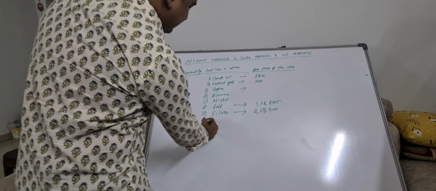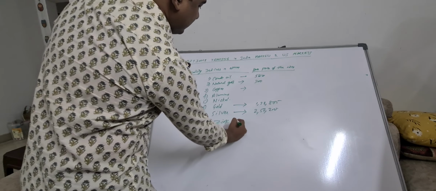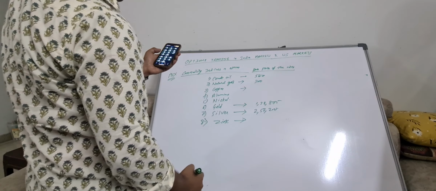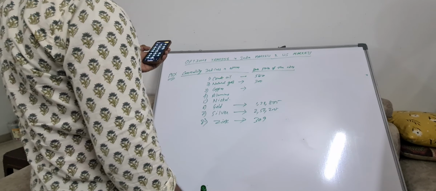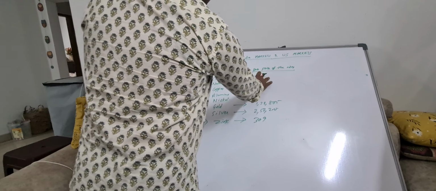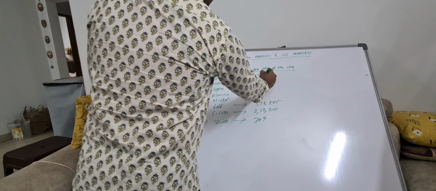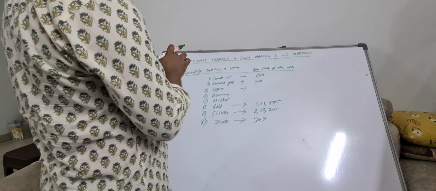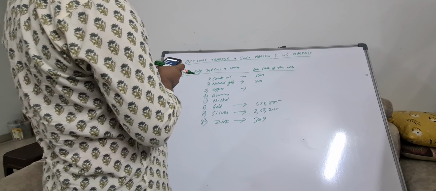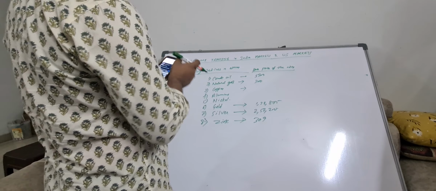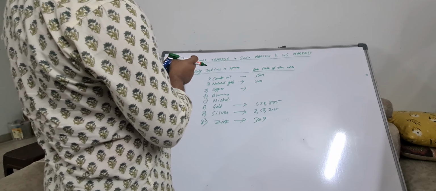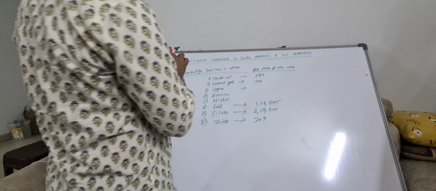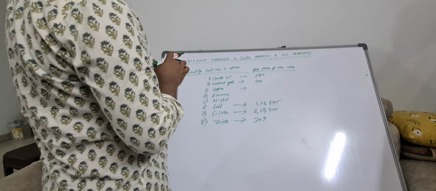And we have another entity called zinc as well. Zinc is now trading at 309 rupees. Crude oil is 5,300. Oh my god, there is a huge dip. Natural gas is now trading at 293 rupees, almost 300. Okay. Then now comes copper.